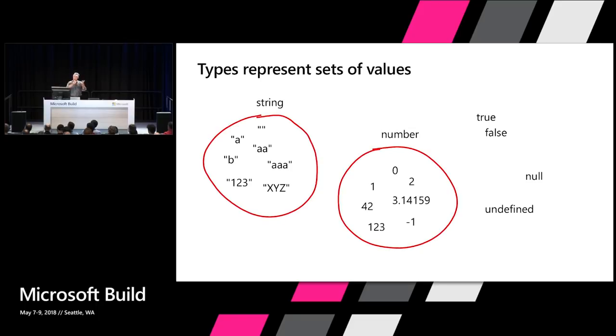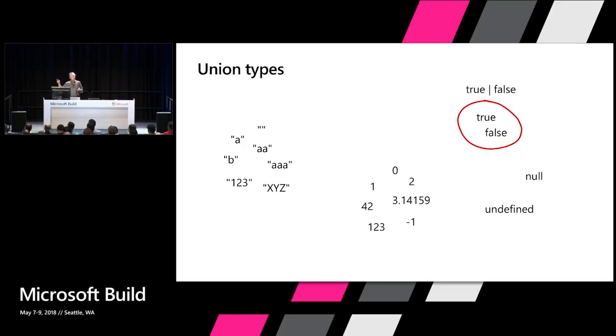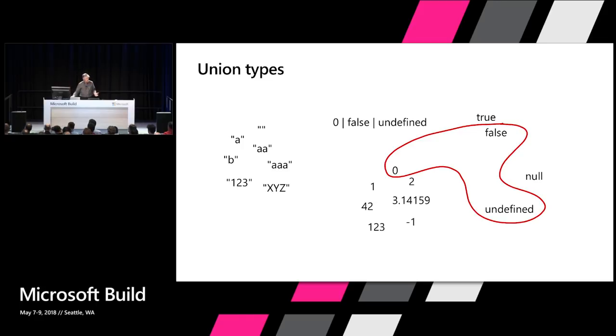And then we have type constructors that allow you to make more complex types out of that, like true or false. That is actually exactly the same as the built-in boolean type. It has 2 possible values, and it's a union of either true or false, right? And that's how everything builds up, if you will.